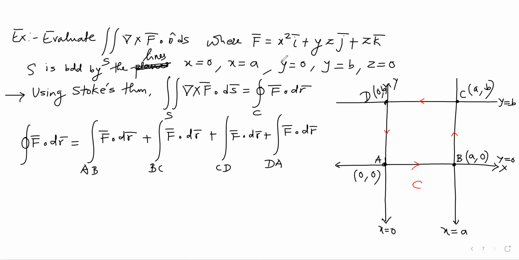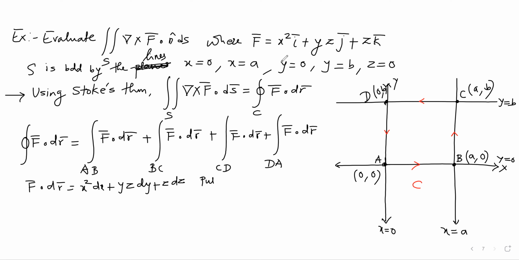What is F dot dr? So here F dot dr is nothing but x squared dx plus yz dy plus z dz.